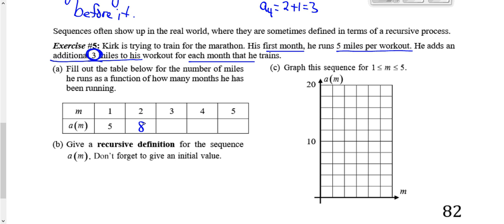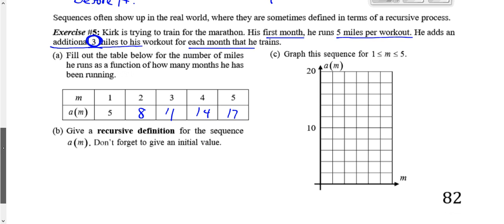So then this would be 11 miles. And then 14, and then 17 miles. I always accidentally say 5 plus 2 and 5 plus 3 wrong, but we'll fix that.